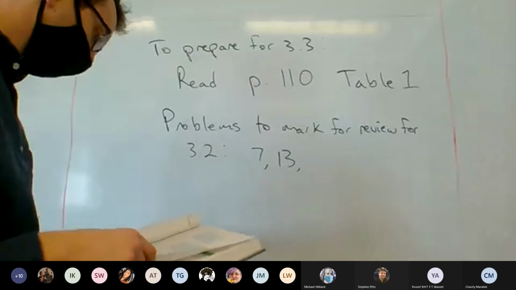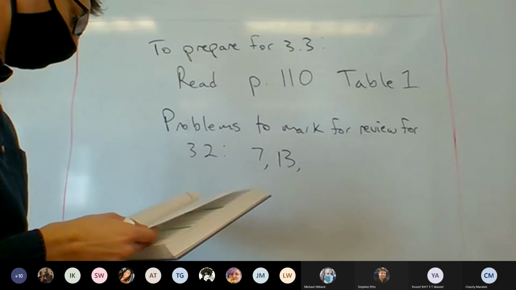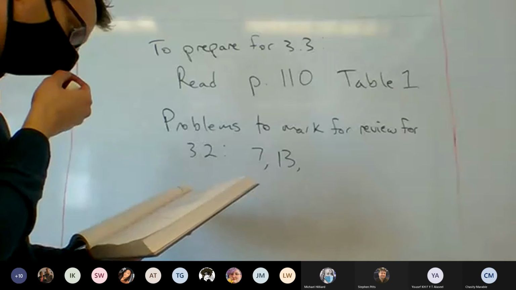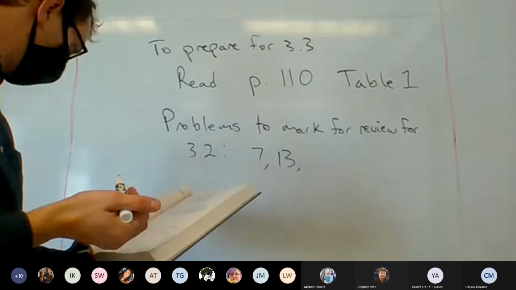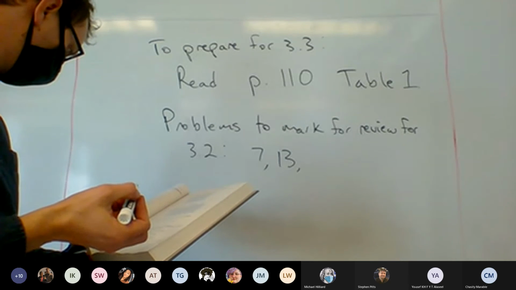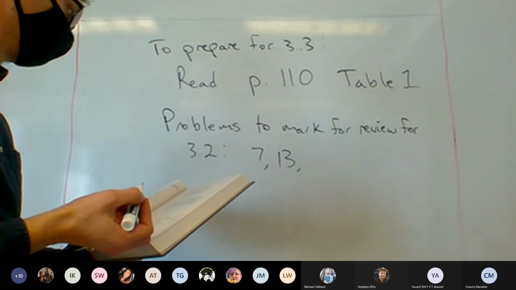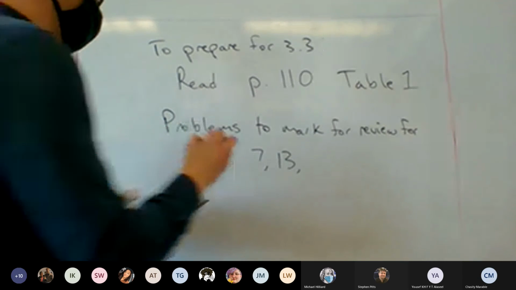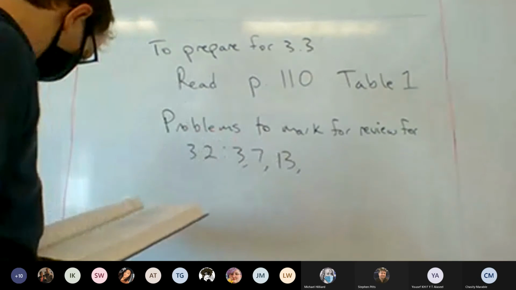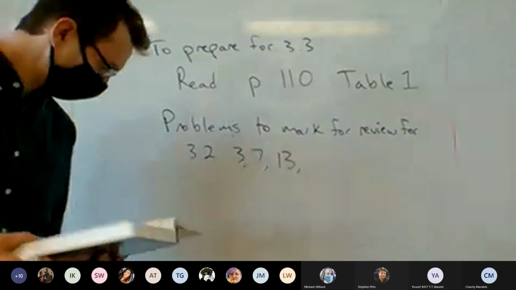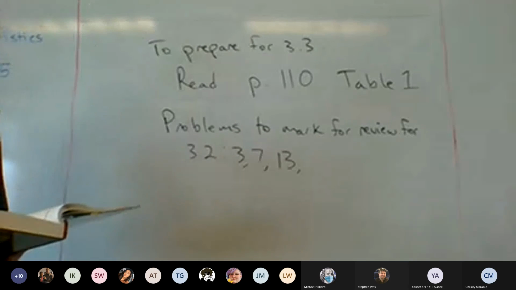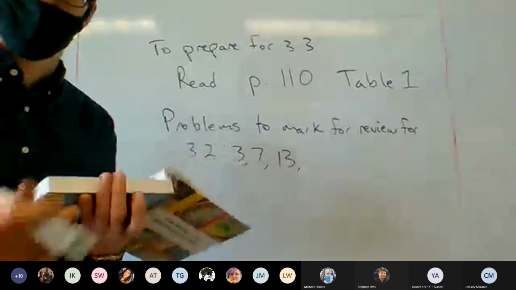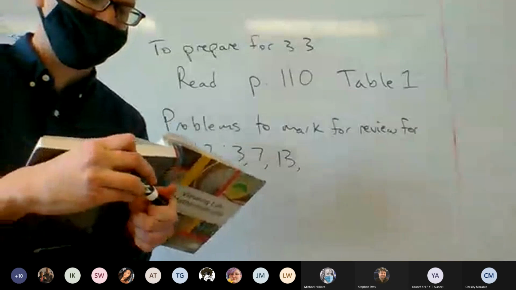That's a word problem, like going from words. So that's kind of putting together 3.1 and 3.2. Oh, that's all they give here. Try number 3 as well. All right, 3, 7, and 13 from 3.2. All right, you guys are good to go. I'll see you Friday.